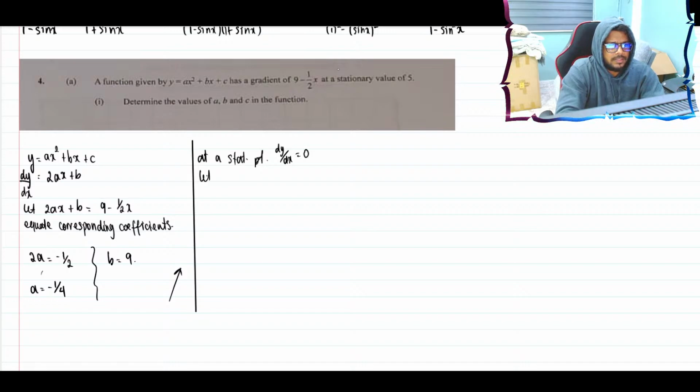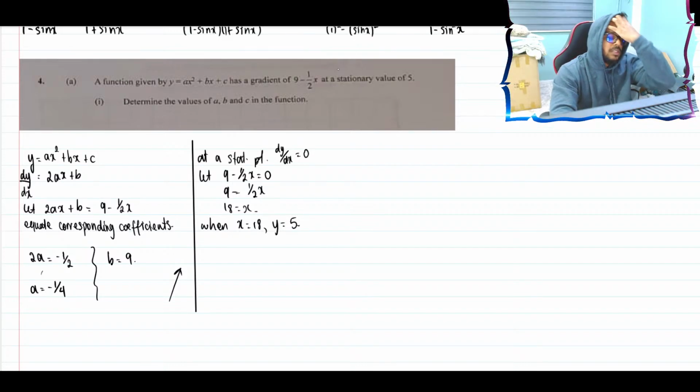So I'm going to let 9 minus a half x equal 0. 9 is a half x, and 18 is equal to x. So we have the stationary value when x is 18, y is 5 from the question.